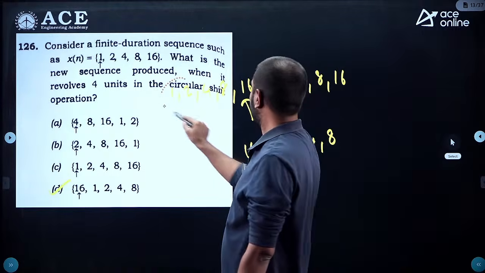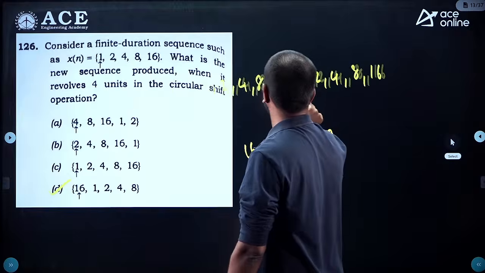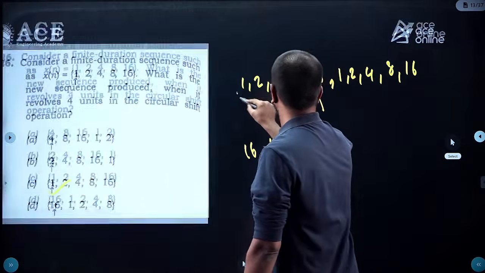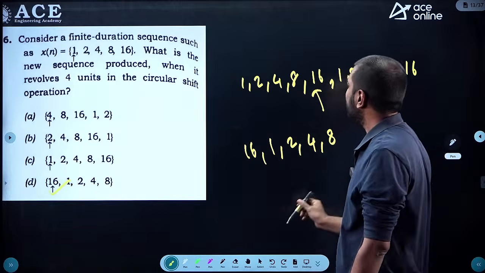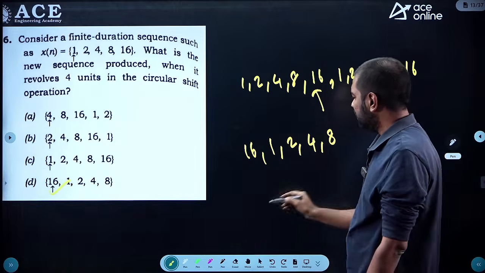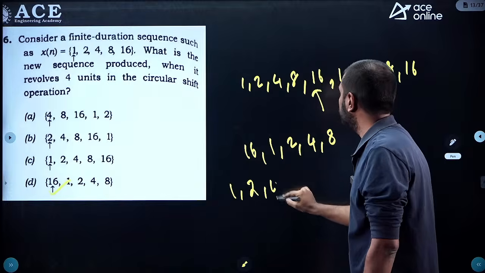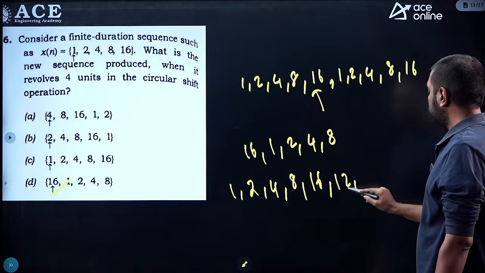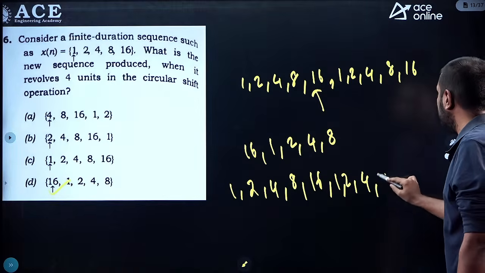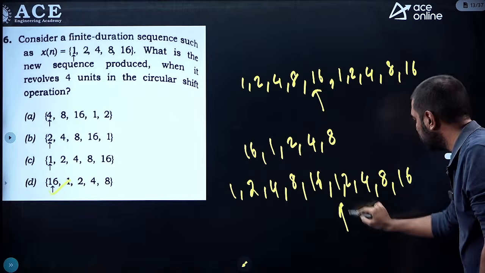So, the original sequence is like this. Okay, let me write the original sequence once again. So, instead of shifting this way, let's shift the other side. 1, 2, 4, 8, 16, 1, 2, 4, 8, 16. Let me put an arrow here.